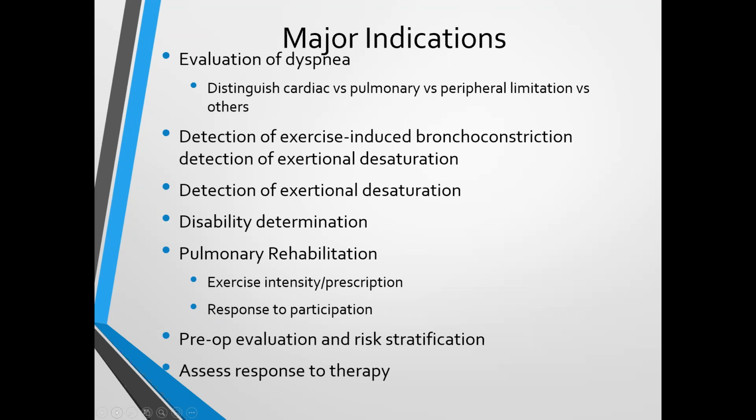Guess what? They can also be found in deconditioned individuals. They can be found in individuals that have congestive heart failure, all right? They can be found in patients that have asthma, so there are a lot of different reasons why it can be. There are also individuals who claim they're short of breath, but in reality, they're not, or there's nothing really wrong with them.